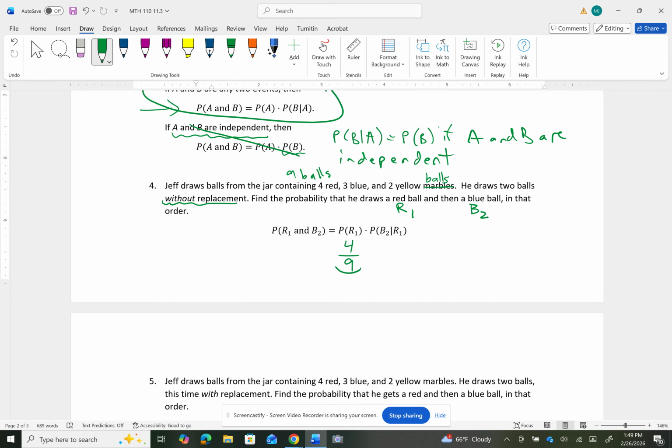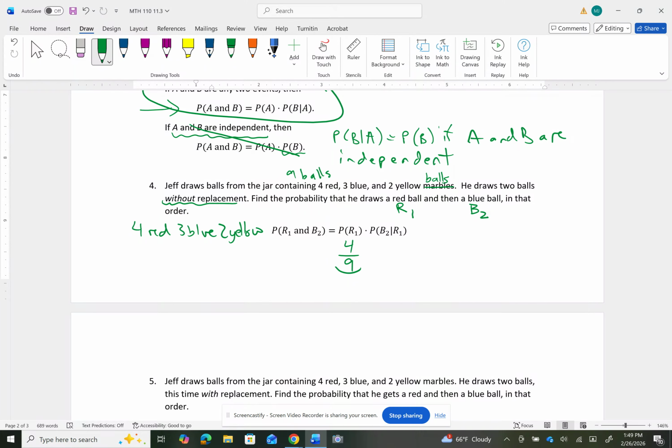Now, he did not put that red ball back in. So you had 4 red, 3 blue, 2 yellow. He reaches in and draws out a ball, and the probability it's going to be red is 4 out of 9.